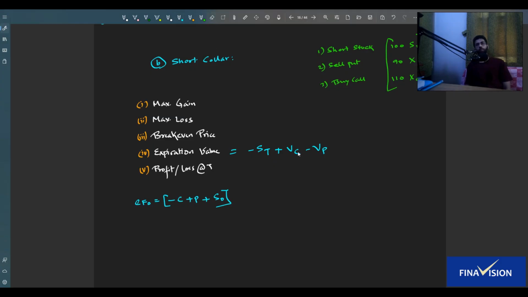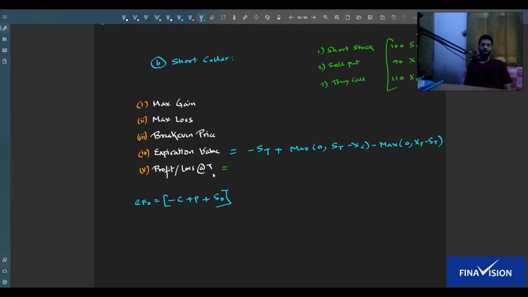So the value of the call and the put we can easily write here. Value of the call is max of 0, ST minus XC, minus the value of the put, max of 0, XP minus ST, right?